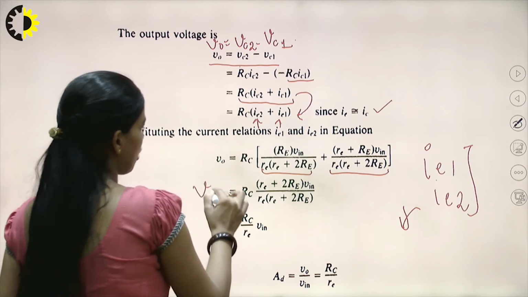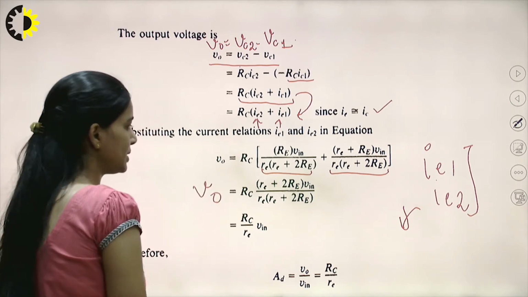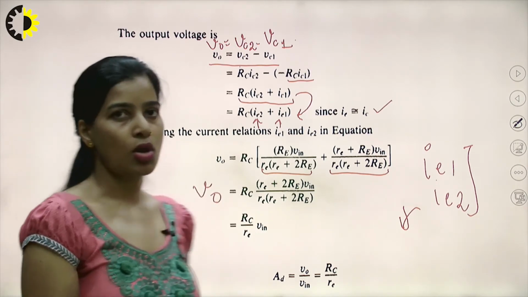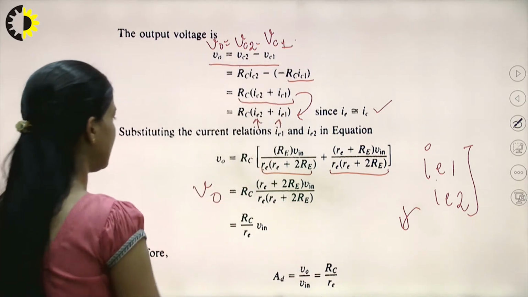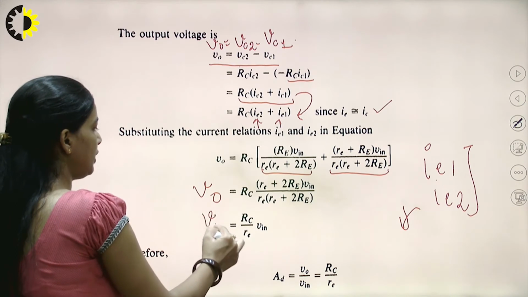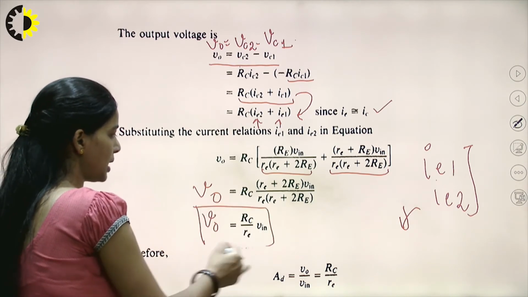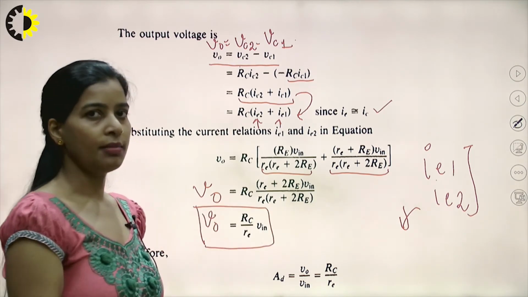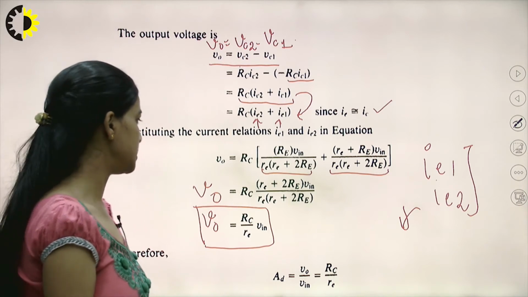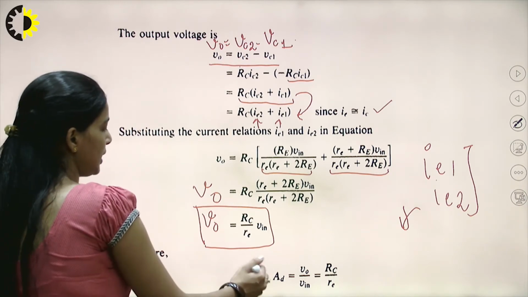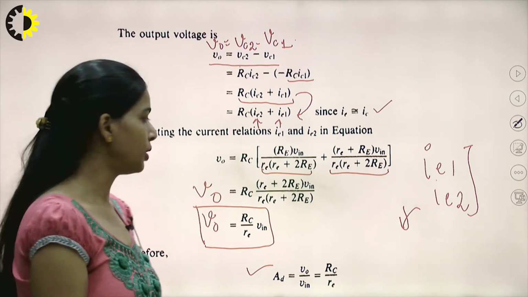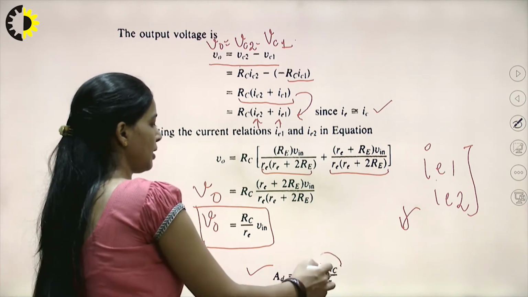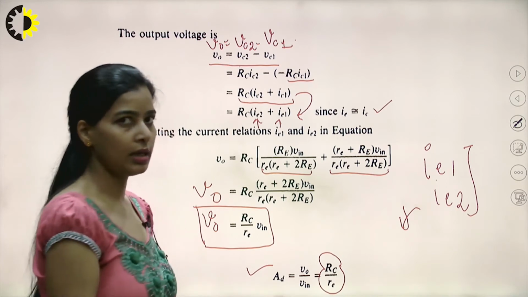So this is the output voltage. Here we can see some terms are common in numerator and denominator, that will get cancelled out, and Vout we get as RC upon RE multiplied by input voltage. So the differential gain for this configuration, that is output upon input, will give us RC upon RE.